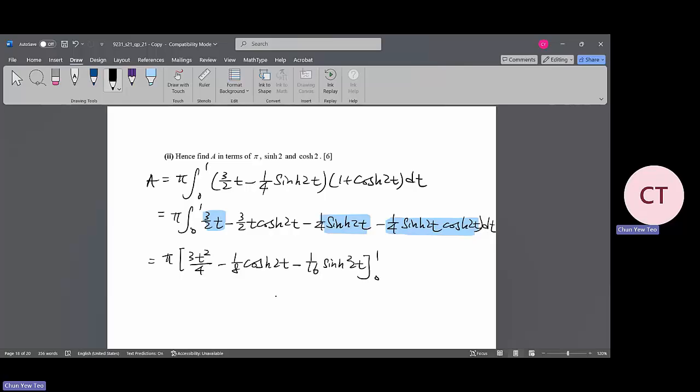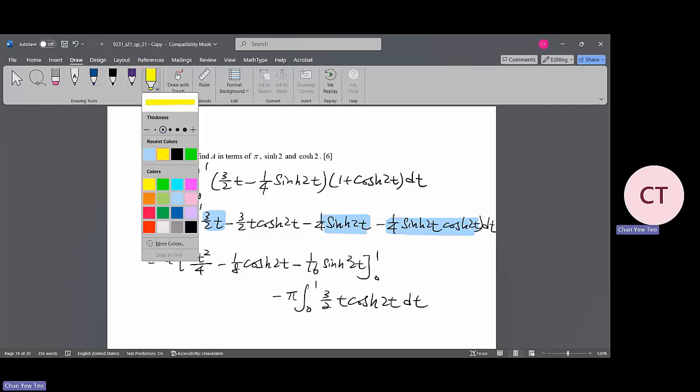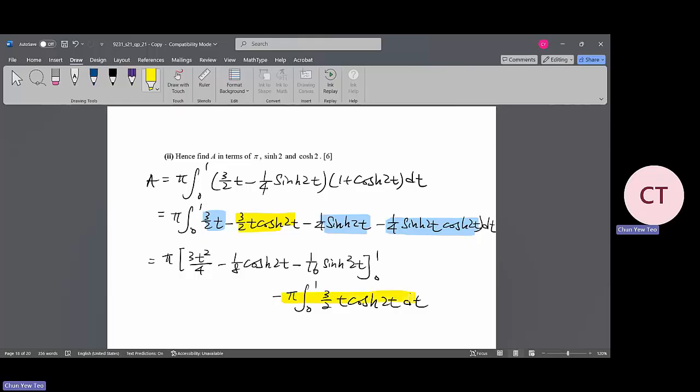Integration by part, I write over here, negative pi. So over here, this one, I write over here. However, we can also go directly into the integration by part already, so let me just take it out. Integration by part over here is that you take out the 3/2 t.